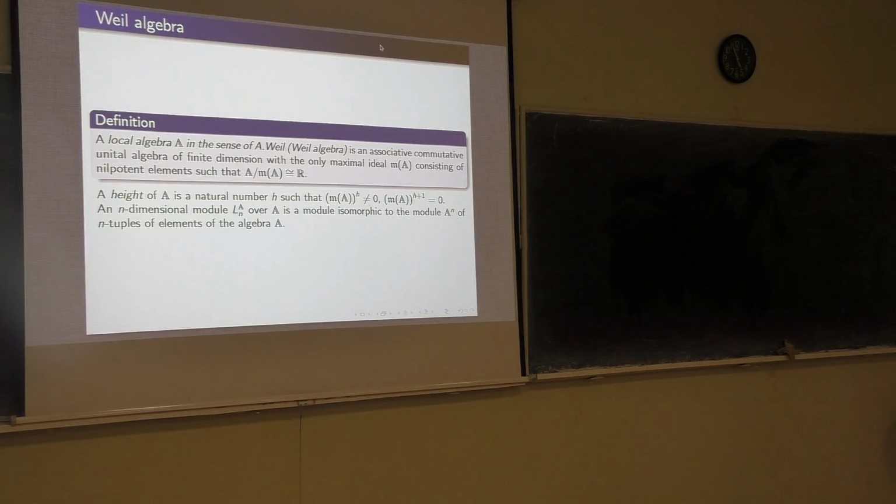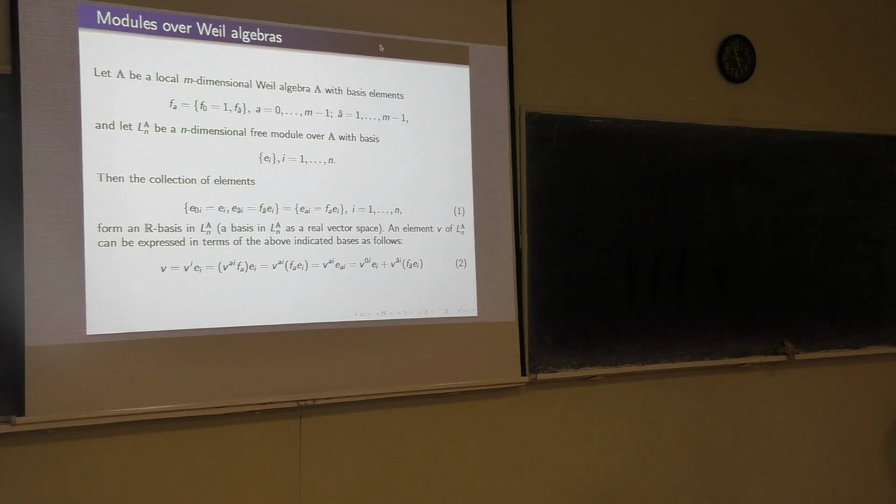A Weil algebra is an associative commutative algebra with a unital element, such that its only maximal ideal consists of nilpotent elements and the factor of A by its ideal is isomorphic to R. The height of an algebra is simply the degree of nilpotence, and an n-dimensional model over an algebra is formed by n-tuples of elements of A.